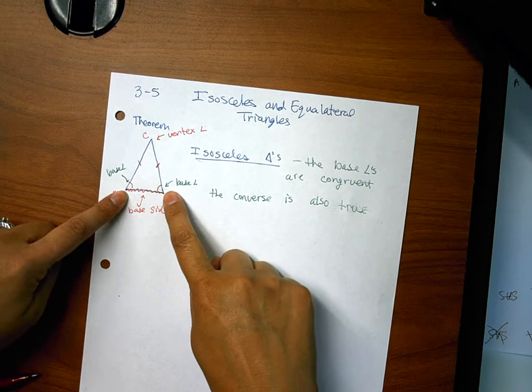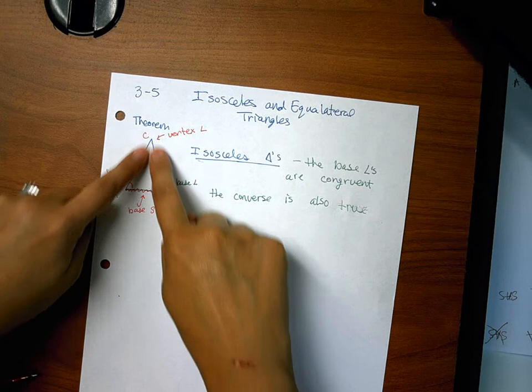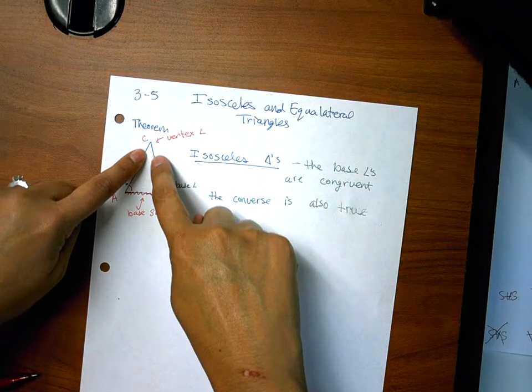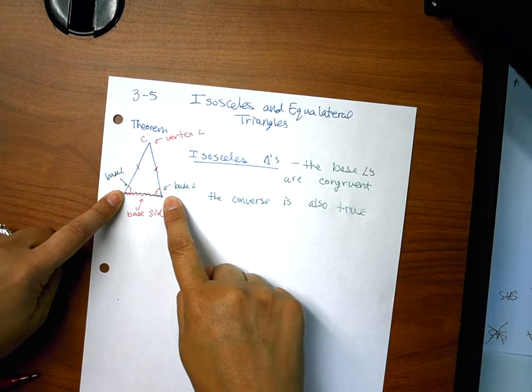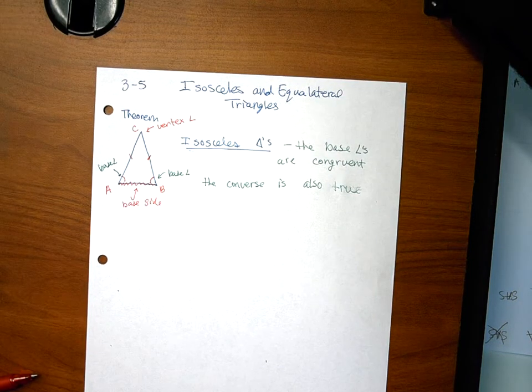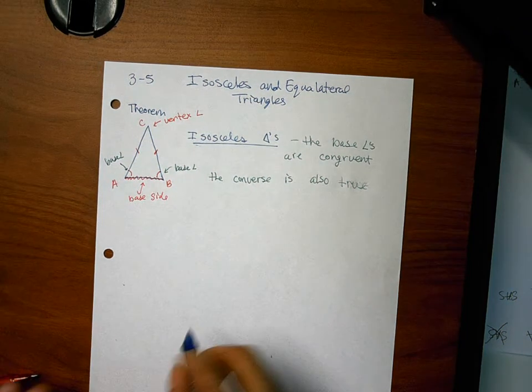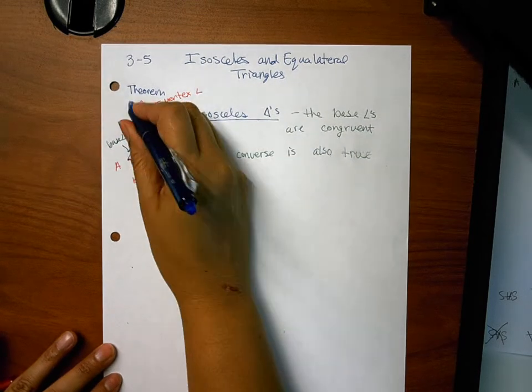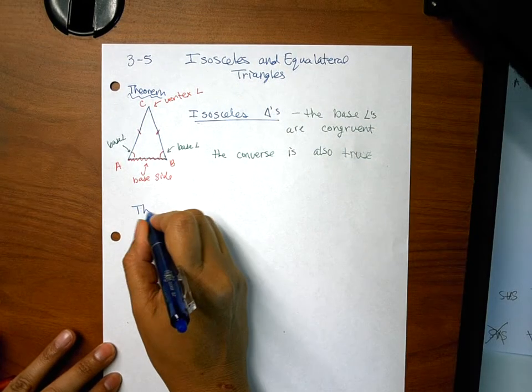Base angles are the two angles where the congruent sides come out from. So the two congruent sides come down here, those two are the base angles, base side, vertex angle. All right, next theorem.